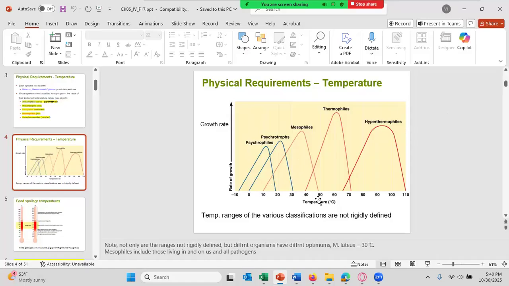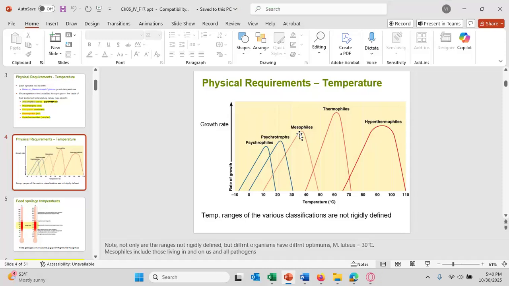Like Micrococcus luteus is considered a mesophile, but it grows best at 30 degrees Celsius, not 37 degrees Celsius. Why? Because Micrococcus luteus is always found on people's skin, and so it grows best around 30 degrees Celsius.